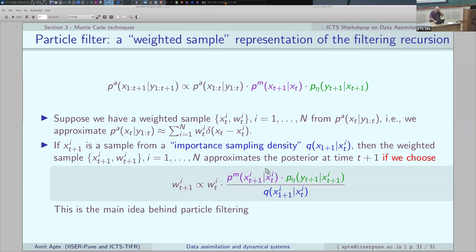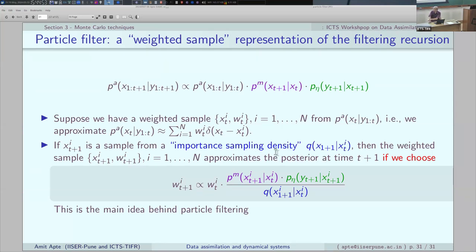By the way, there are 2 main key difficulties in implementing particle filters. One is how do you choose this Q, the importance sampling density? One common choice is simply that Q of x is just the model, that is, a stochastic version of the model itself. That's a very commonly used importance sampling density.